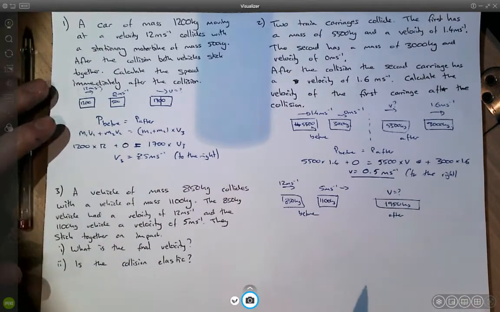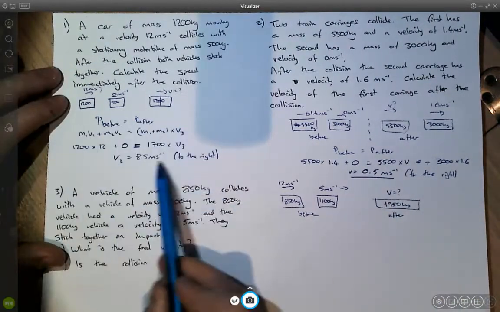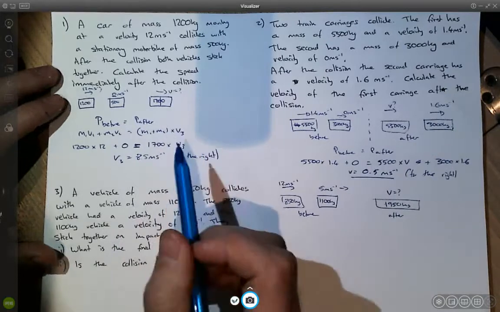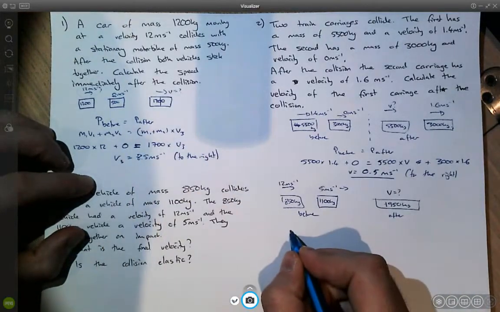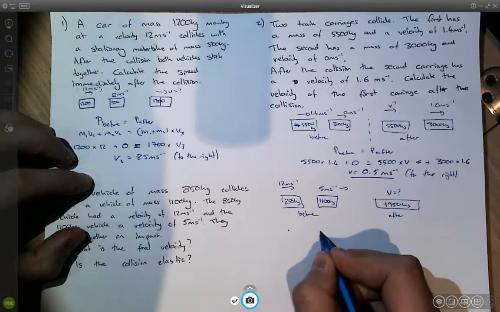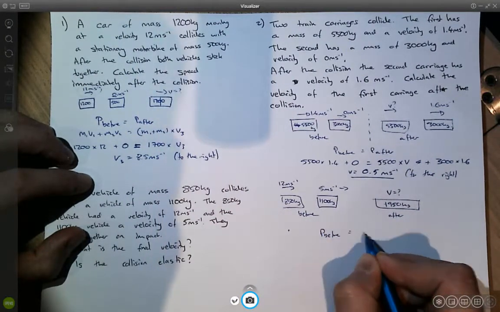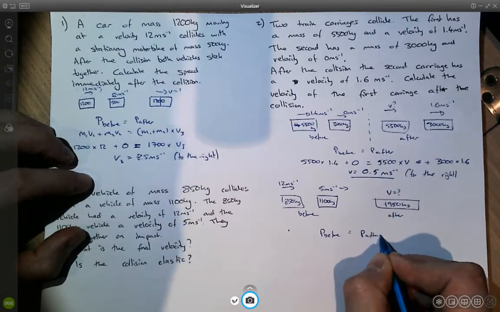So again, it's very similar. It's basically identical to this problem here, except this is non-zero. So we can still say that momentum before equals momentum after.